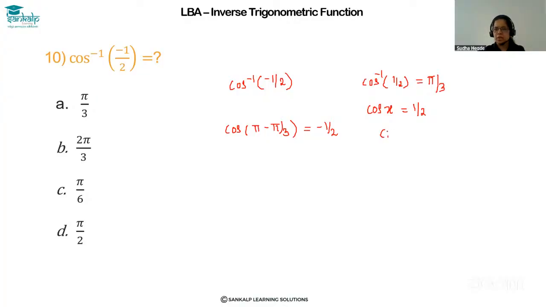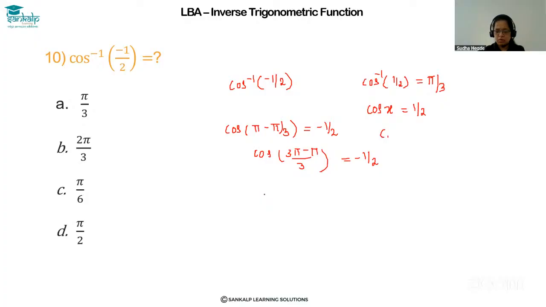Minus cos pi by 3, that is minus 1 by 2. Therefore, pi minus pi by 3 is 2 pi by 3. So it is cos of 2 pi by 3, that is equal to minus 1 by 2.